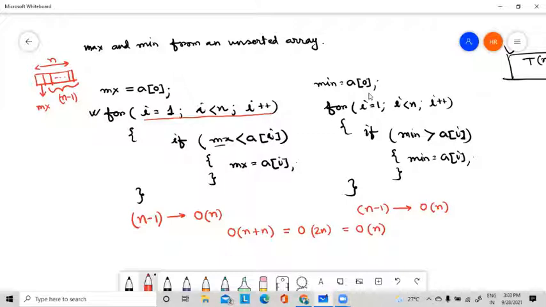Okay. But what is the exact time? If I say what is the exact time, it is better to call it f(n), the actual function: n minus 1 plus n minus 1, that is 2 into n minus 1. So this is the actual function.